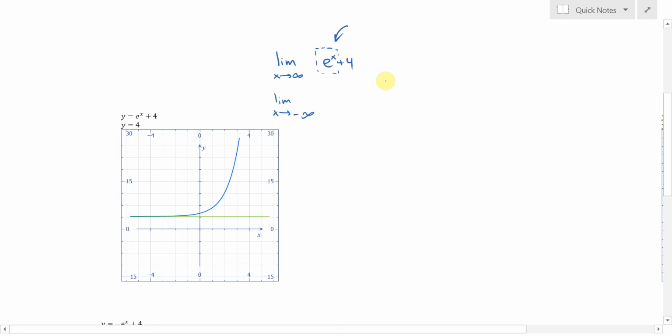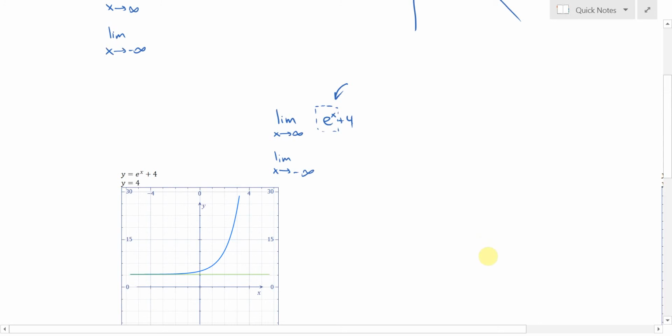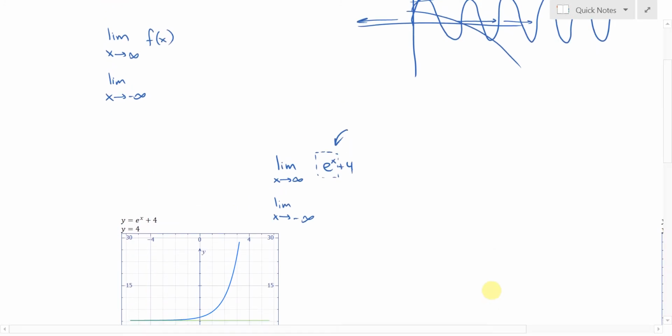You're allowed to just plug in these values as long as you remember simple rules like 1 over infinity equals 0, and infinity times infinity is infinity.